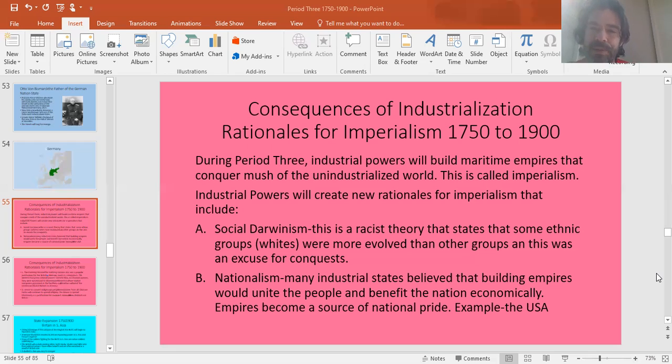And the British used to boast, the sun never sets on the British Empire. Somewhere in the world, in the British Empire, it's always light. That sort of boast is an example of nationalist pride. It became a source of pride for countries, nationalist pride, to build these empires.